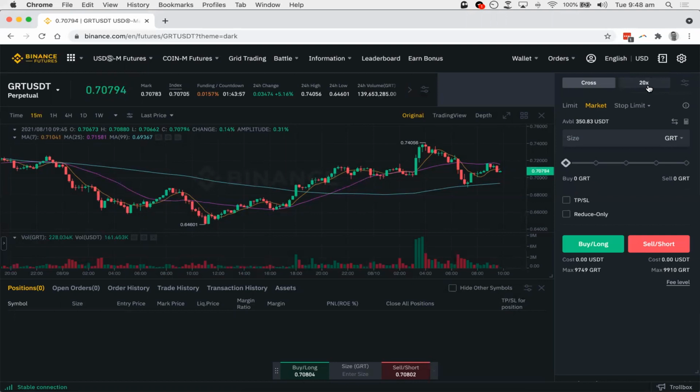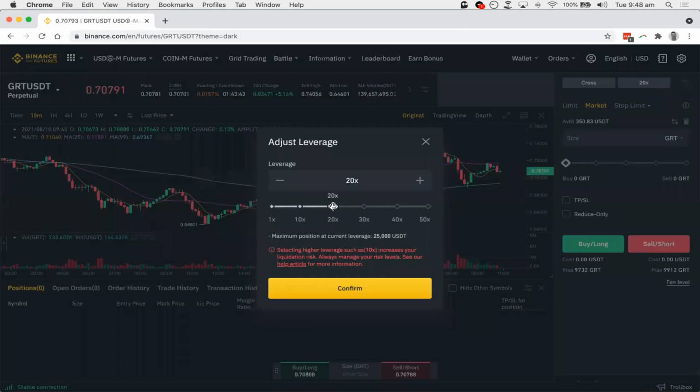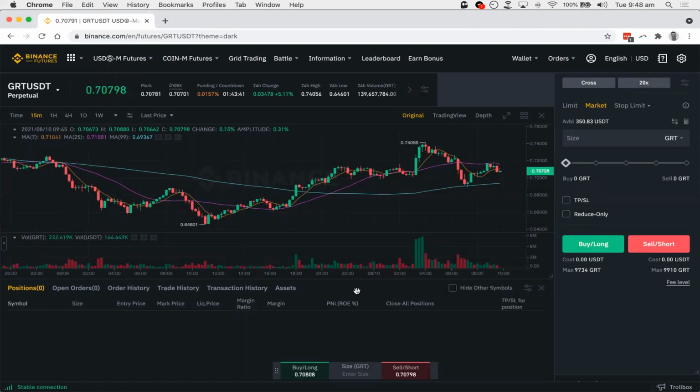Some of the longer term trades could take 2 to 3 days, and there's probably a chance of winning 8 to 10%, and then we would have a smaller leverage. So for this example, we're going to change the leverage to 20x. As long as we've got our 20x leverage, we're able to set up a trade at market.